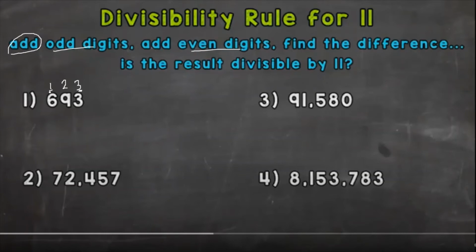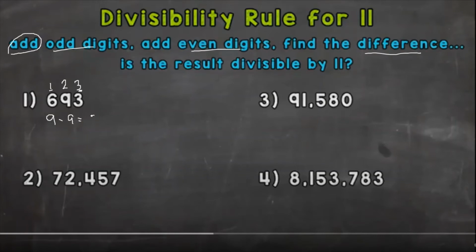We add 6 plus 3, we have here 9. And add also the even digit. We have only one even digit here, which is also 9. And we're going to find its difference. So 9 minus 9, the answer is 0.